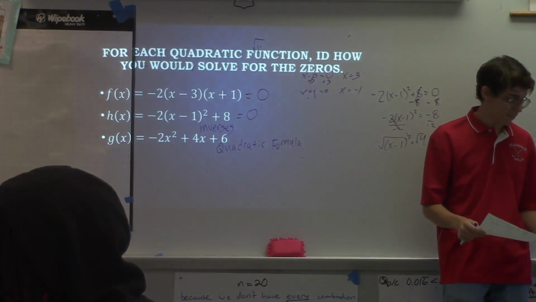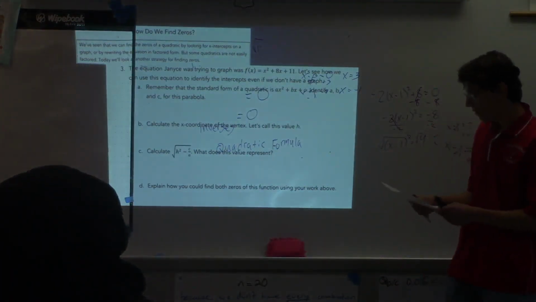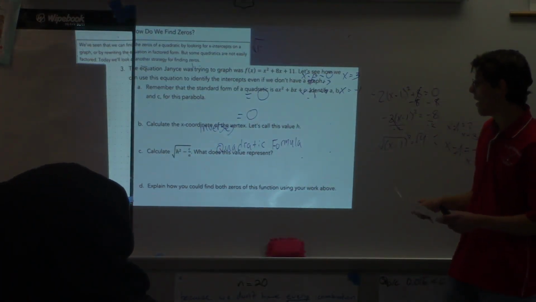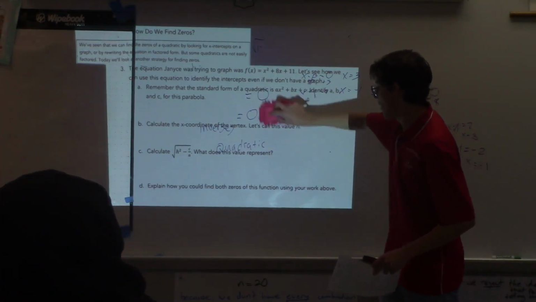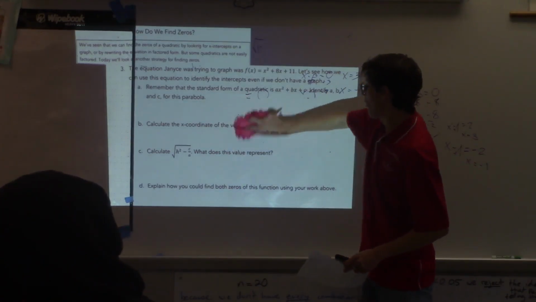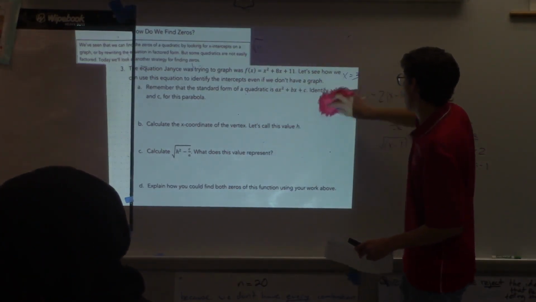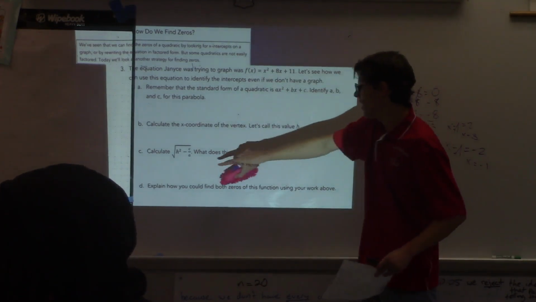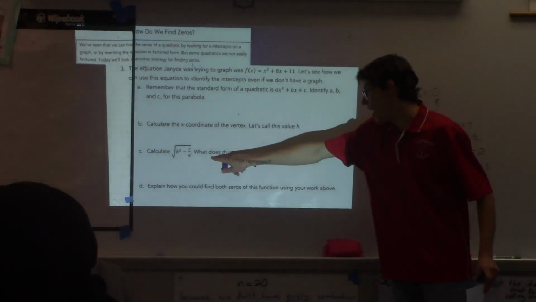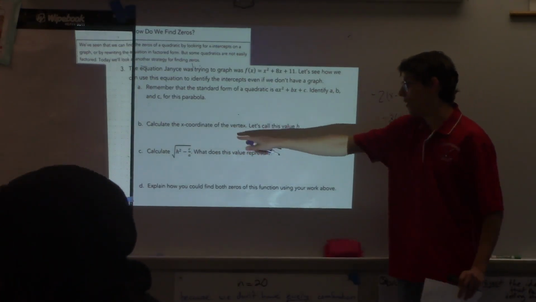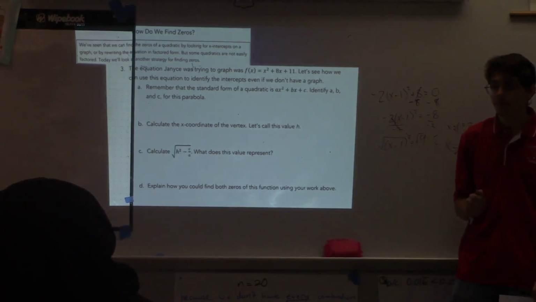Alright, sweet. Remember that task that I did with you guys on Thursday. So we're still working with this idea, right? We found this square root of h squared minus c over a. Does anyone remember or still have their answer from Thursday for what this value represented when we computed that?